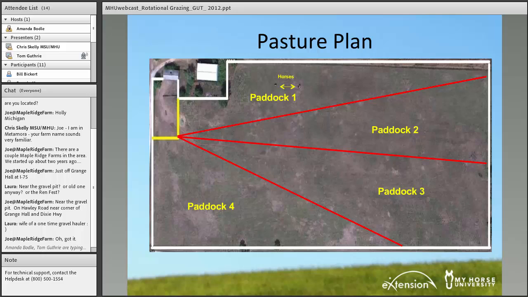You could just install all 3 temporary fences and then go in order, like 7 days for paddock 1, and so on and so forth, through paddock 2, 3, and 4. Or if you only wanted to put up 2 temporary fences, a proposed order of paddock grazing rotation may consist of this.